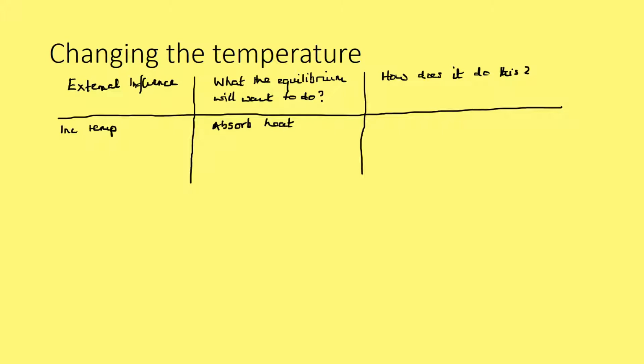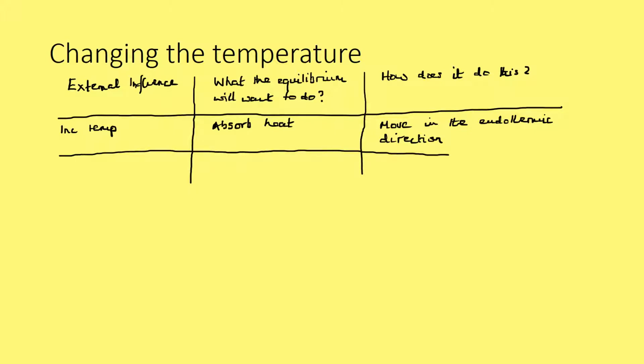So if an equilibrium situation wants to remove heat, then it's going to move in the endothermic direction. Okay, so there is our first option where we actually increase the temperature.